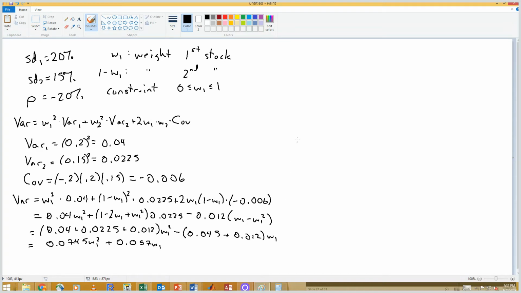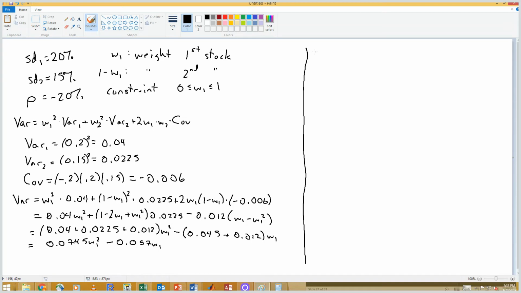In order to minimize variance, there should be a minus sign. Let me erase that. We've lost the minus sign right here. That should be minus. Okay, so in order to minimize variance, we need to find critical numbers.